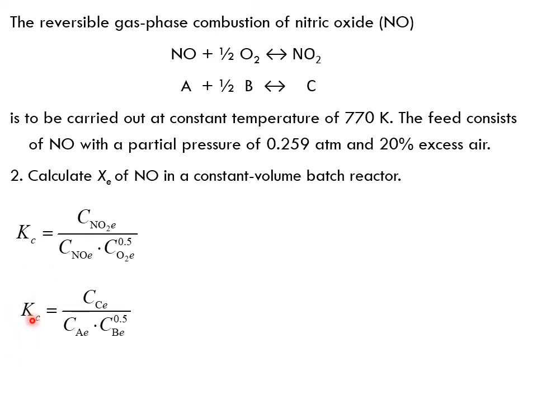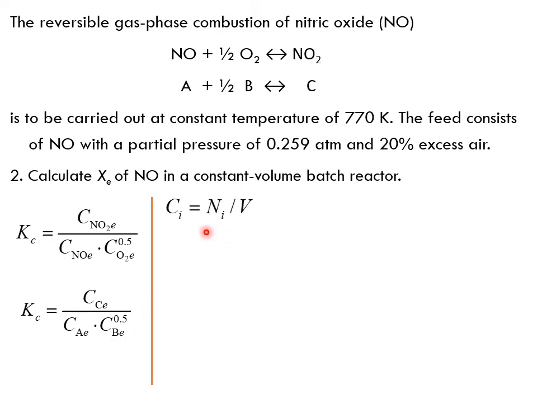However, here we don't have these concentration values. So that means we have 3 unknowns, and we cannot solve one equation with 3 unknowns. So we can express each concentration as a function of X, and we will end up with one equation with one unknown. So let's start doing so.